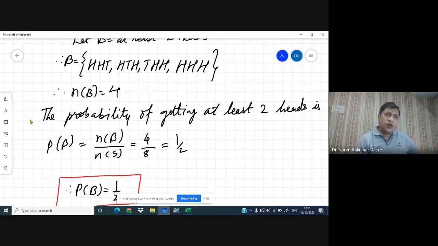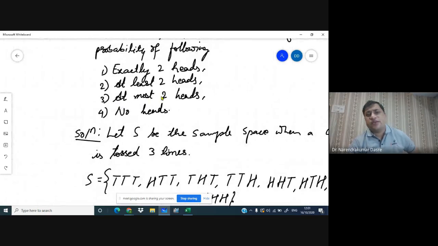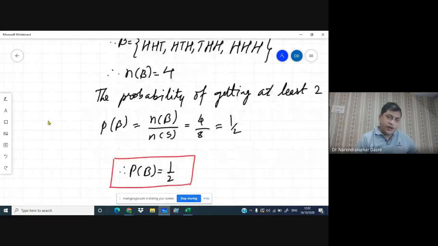Okay, now let us see what is the event next. The next event is at most 2. Okay, so at most 2 heads. Okay, no more than 2 heads.